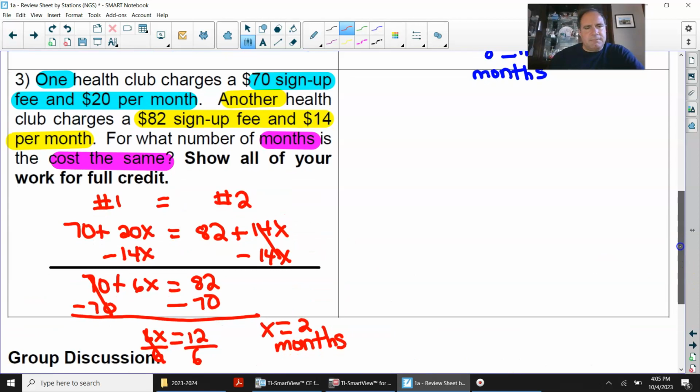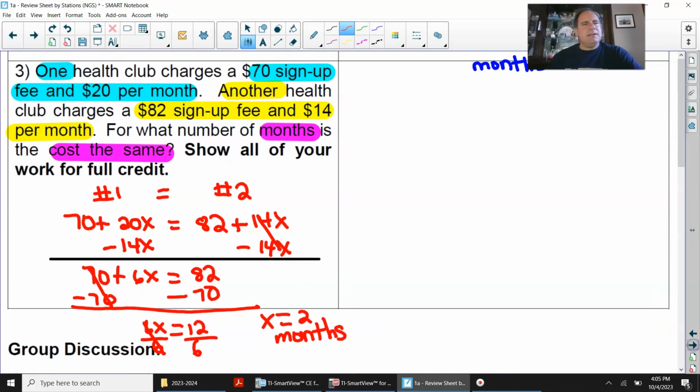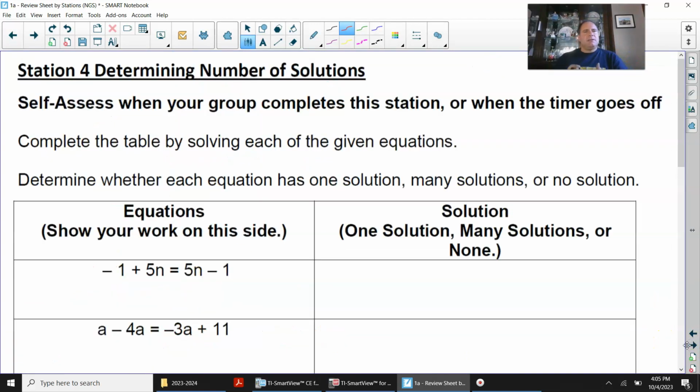All right, that's it. All right, the last station is determining the number of solutions an equation has. So just remember, when you have the same x on both sides with different other numbers, so the same coefficient with different constants, that means it's no solution.